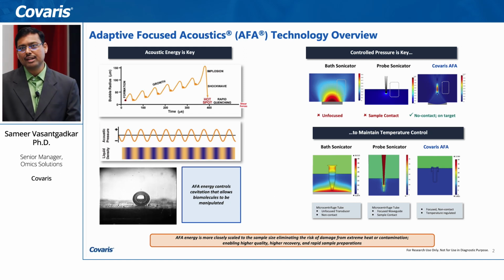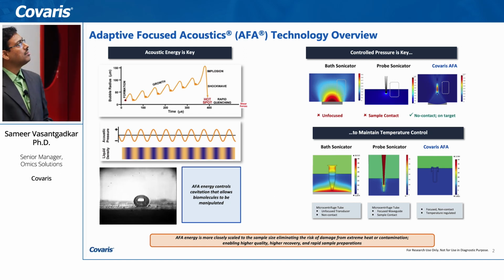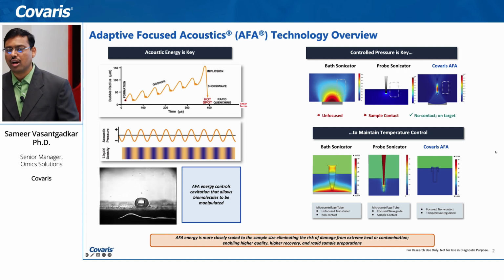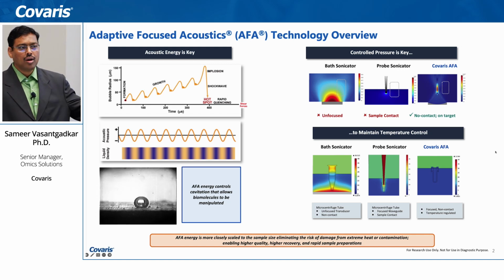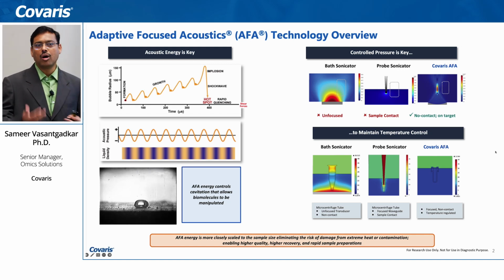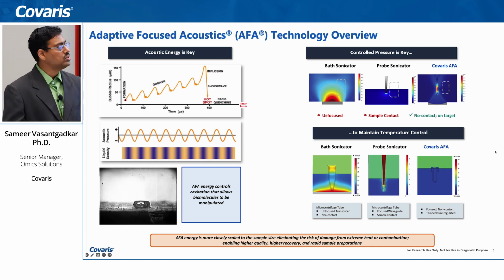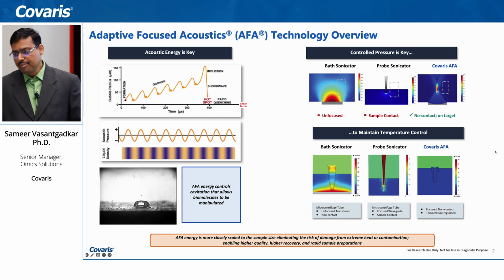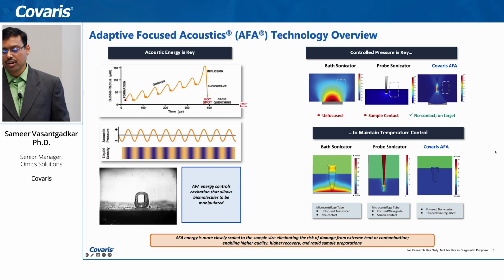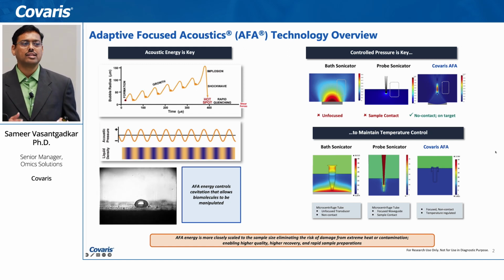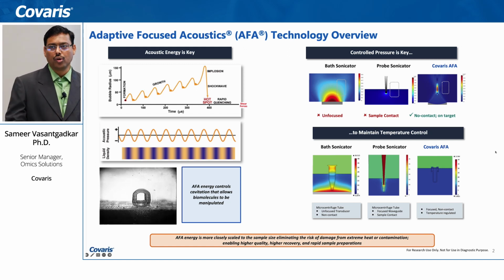But before we go to the main discussion, I would like to give a brief background about AFA technology: what this technology is, how it works, and how it is typically used. Adaptive Focus Acoustics technology, or AFA in short, simplifies the sample prep aspect in your workflow.